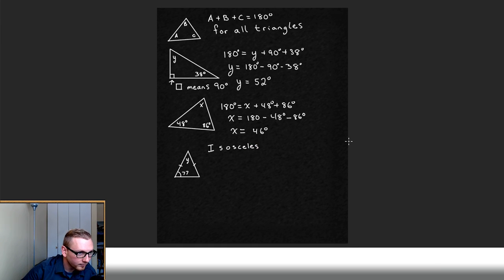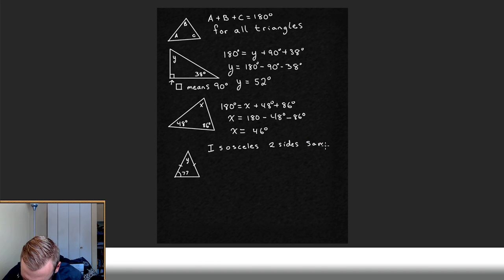Isosceles. Two sides the same length, two angles.